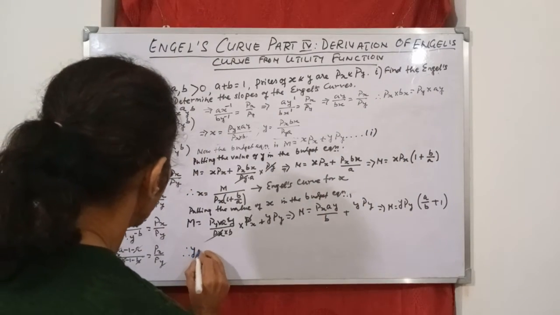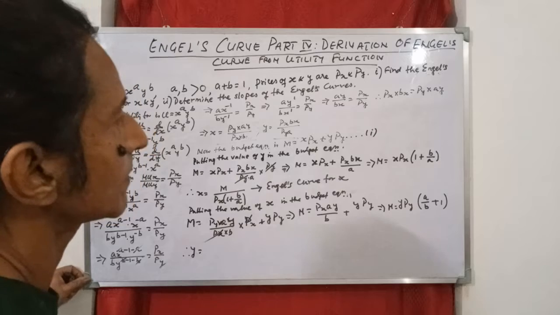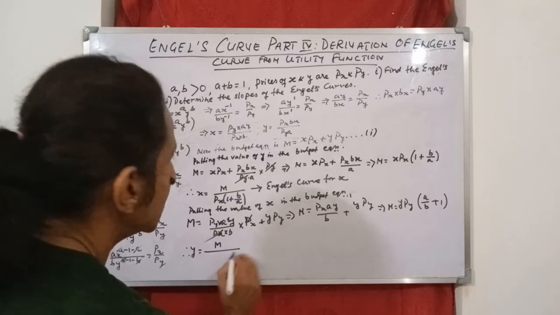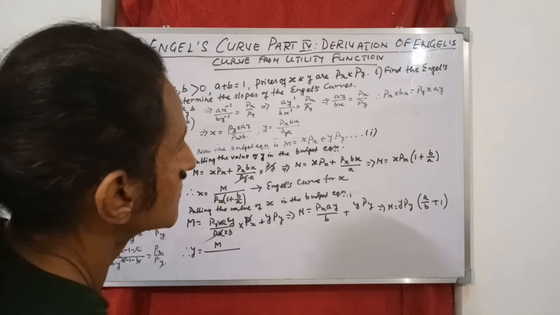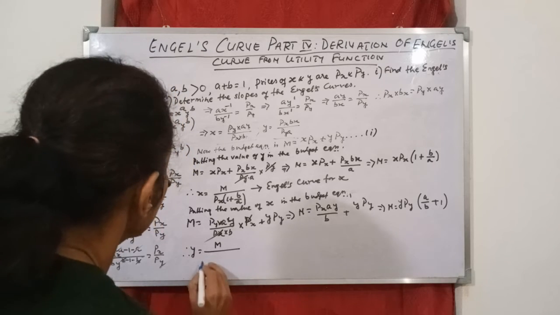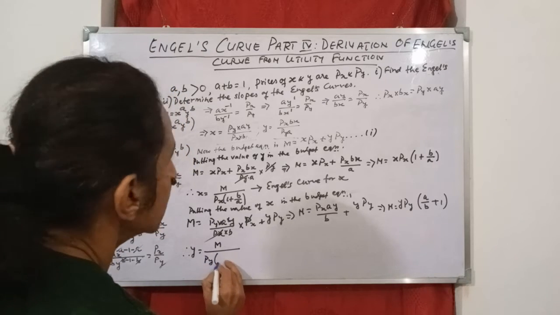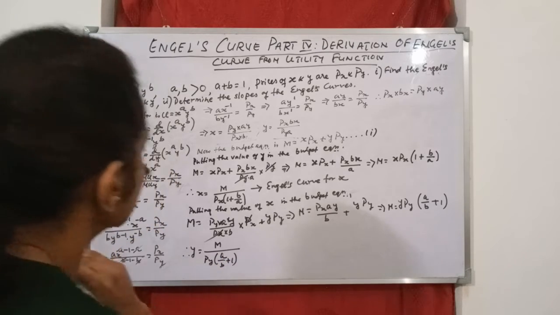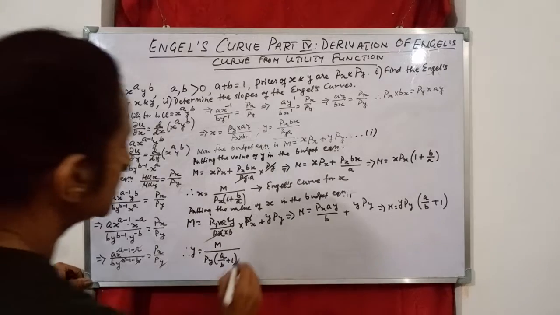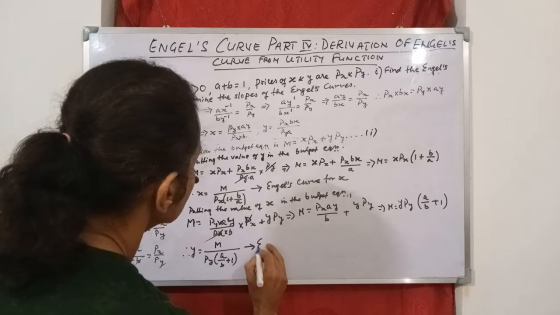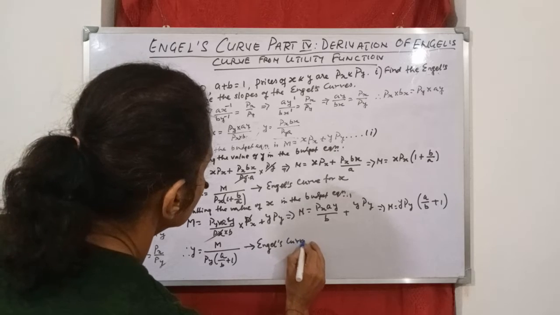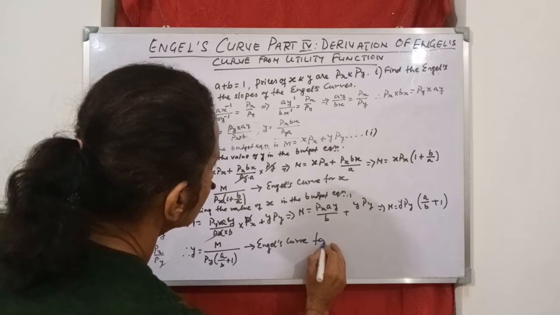Therefore y equals m divided by py into within bracket a by b plus 1. So this is the Engel's curve for y.